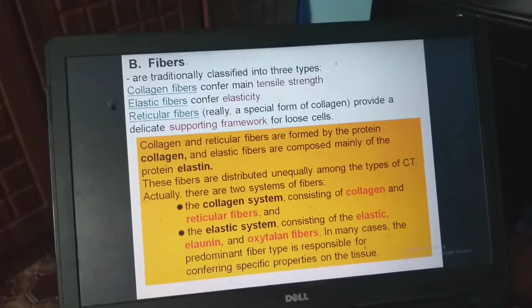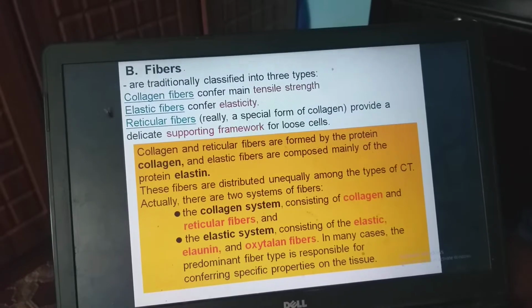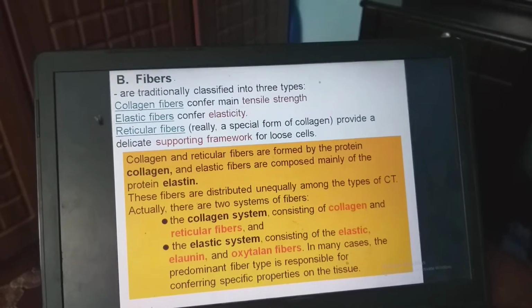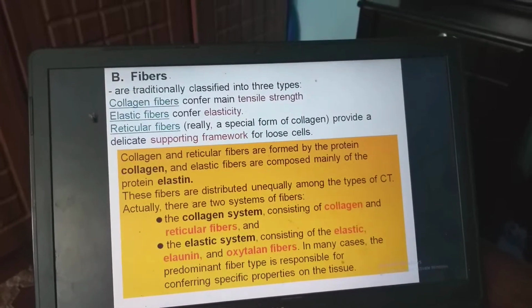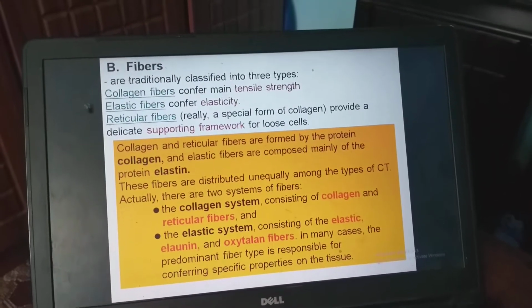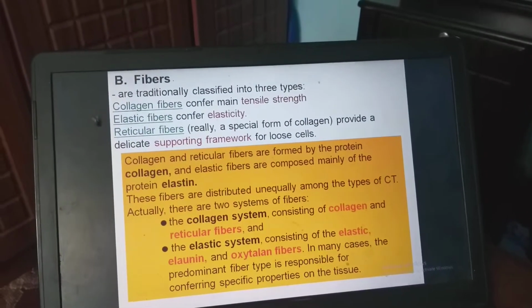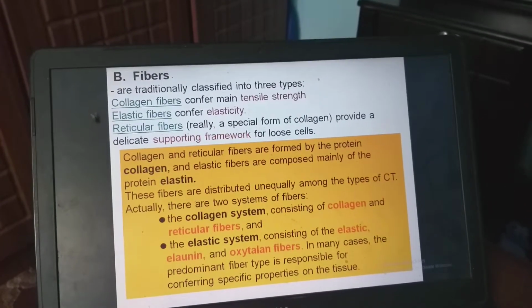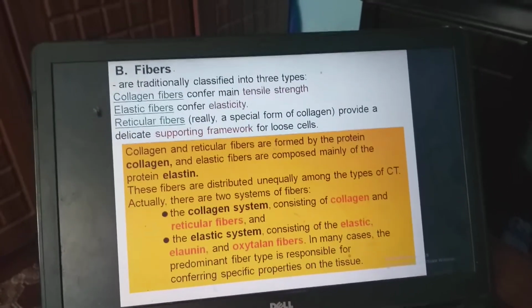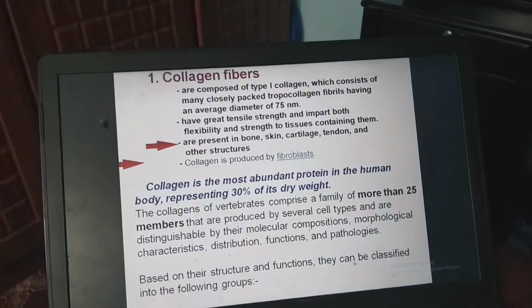Collagen fibers are mainly located where tensile strength is needed, where strength is needed in the body. Elastic fibers are where elasticity is needed. And the reticular fibers, rete means network, are where a network or supporting framework for the cells is needed. So we can simply classify like this.